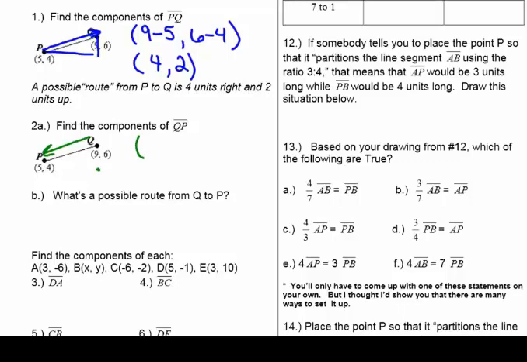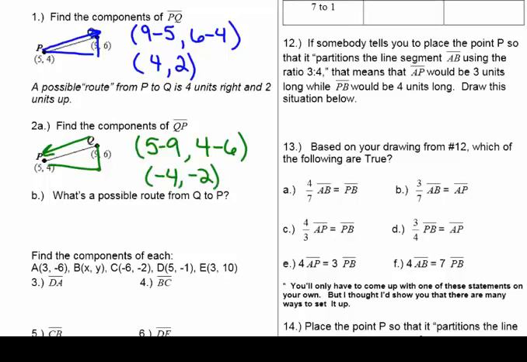So here is our first x value, the 9, and we're going to subtract that from 5. So this time it's 5 minus 9, and then we are going to use 6 as our y sub 1, and then we're going to subtract that from the 4, so it's 4 minus 6 because we're going in the opposite direction. And so we get our components are -4, -2.